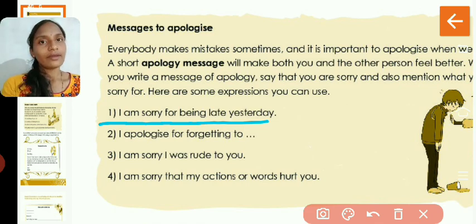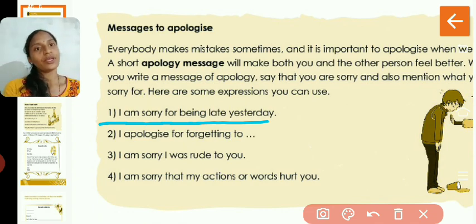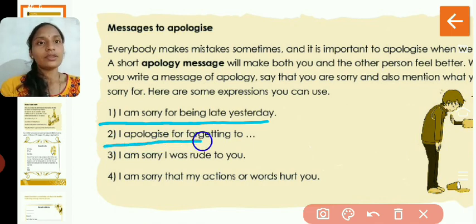So you can start your apology message by saying I'm sorry for being late, and later on you can write your excuse or your reasons for being late in your content. Second is I apologize for forgetting to. If you have forgotten something which your friends have told you, you can write the message of apology.